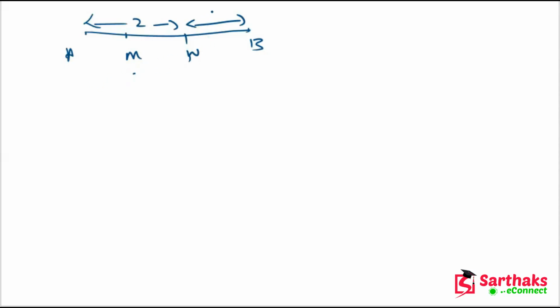But now we are finding it this way: this is (4, -1), this is (-2, -3), and this is our (x2, y2).